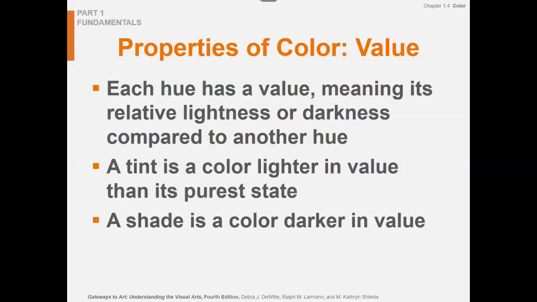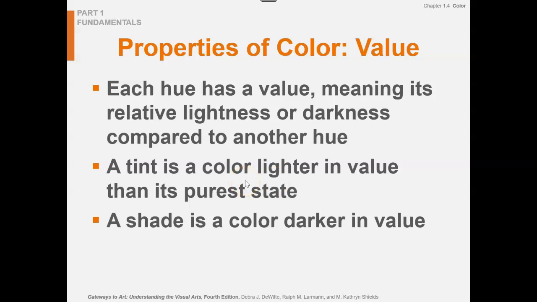Different properties of value. We talked about value as darkness and lightness in drawing, right? With color, we're going to compare the darkness to another hue. So for example, a tint is a color lighter in value than its purest state.